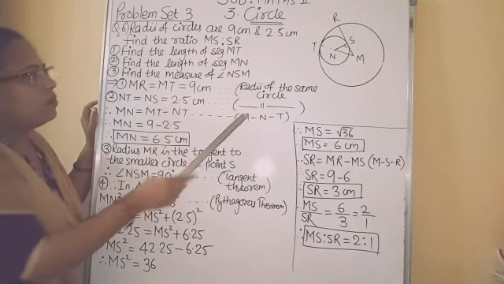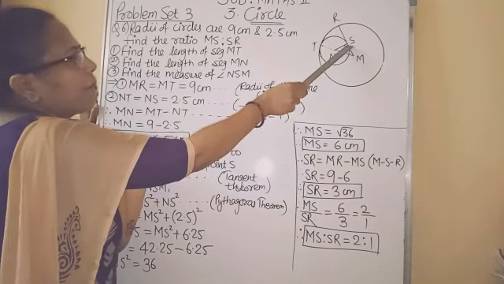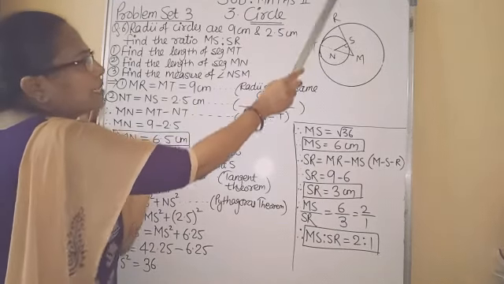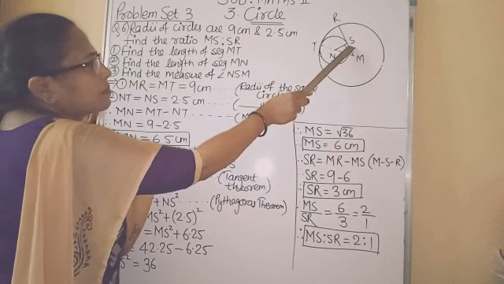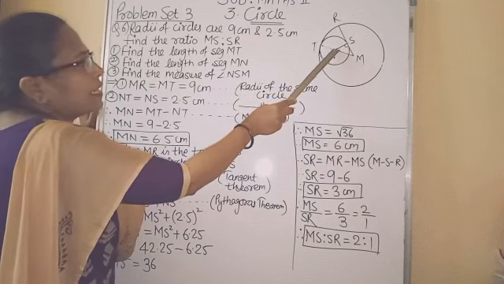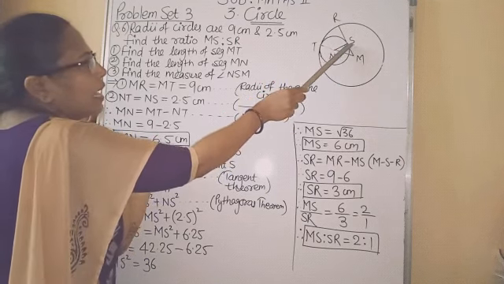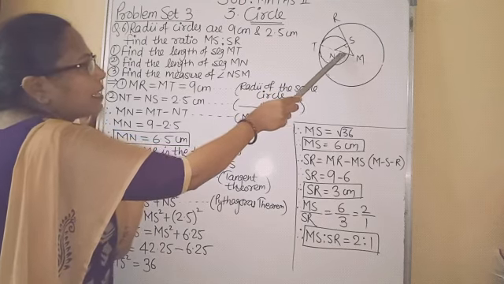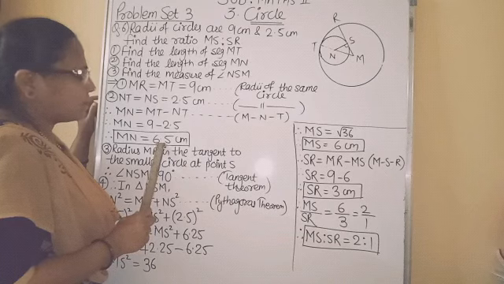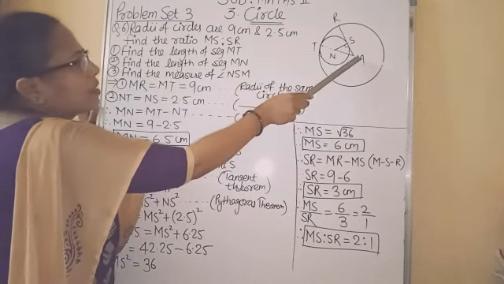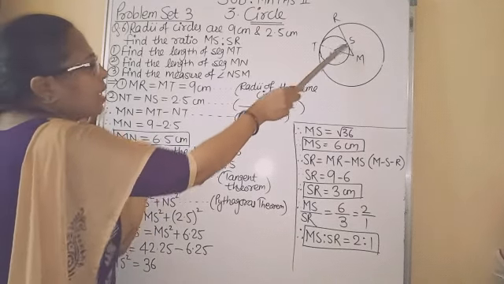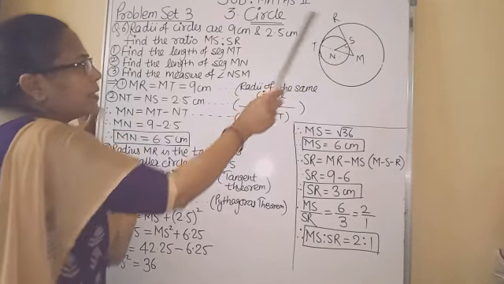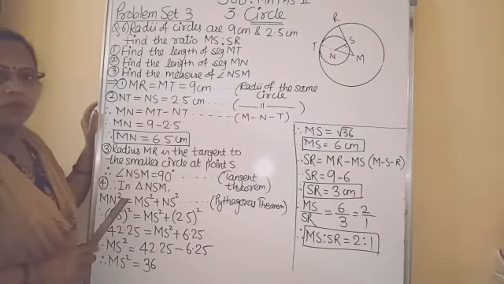Okay. Now we have to find out MS because the ratio we want to find is MS upon SR. So to find MS, we have here right angle triangle NSM. In this triangle, segment MN we got 6.5 cm. Segment NS we have 2.5 cm. So we have to find out MS by using Pythagoras theorem.